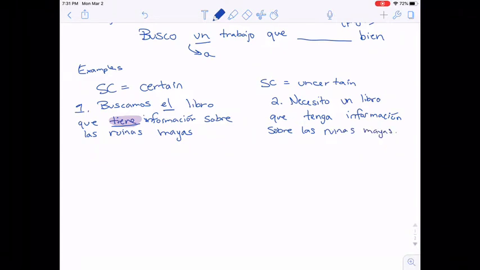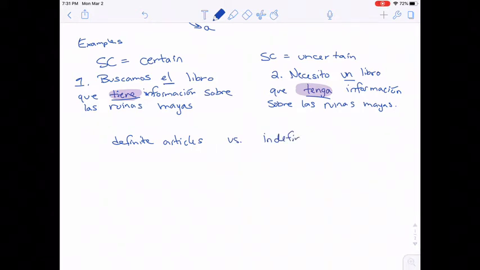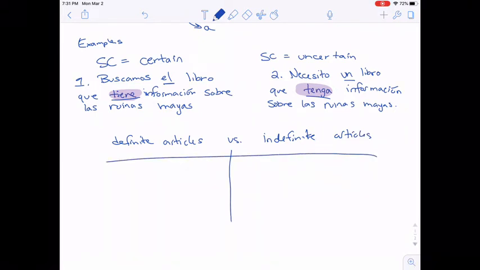So, I think you can catch my drift when you're looking at el and un. So if we're looking at definite articles versus indefinite articles, I mean, it's pretty simple.